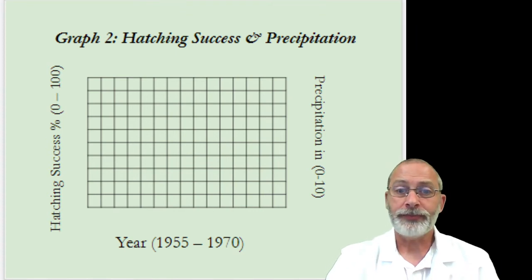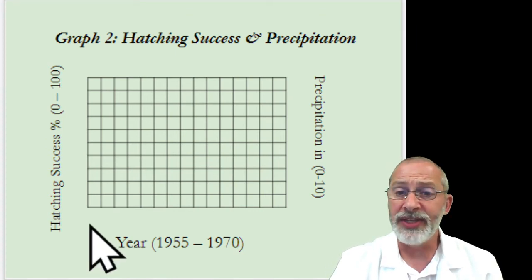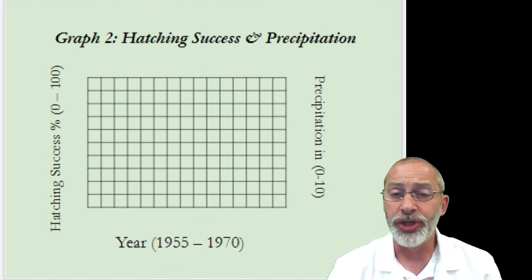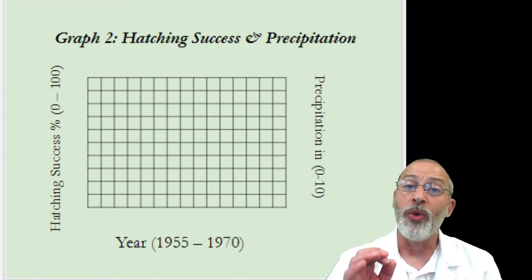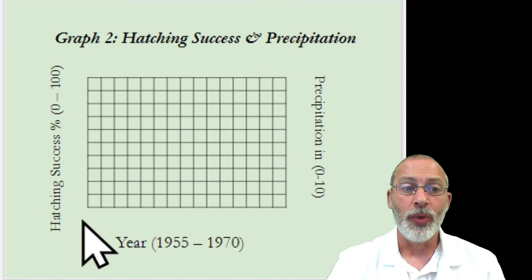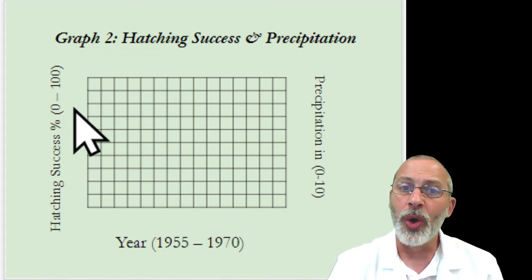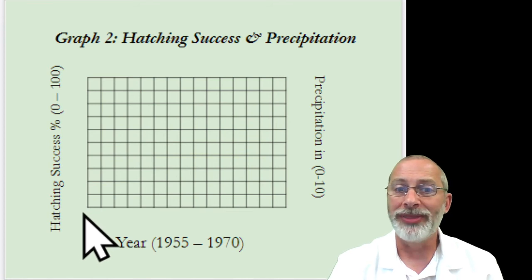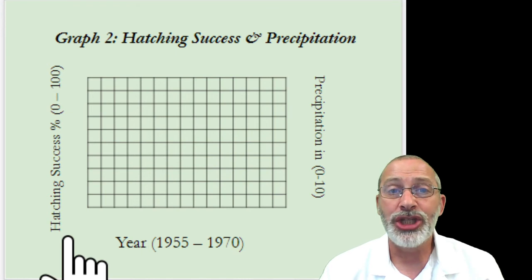The x-axis, again, is the same as the first one, the year from 1955 to 1970. So that's pretty straightforward. Now, the y-axis, you actually have two different y-axes. The y-axis on the left, you're going to label from 0 to 100. 0 at the bottom, 100 at the top, and this is the hatching success.